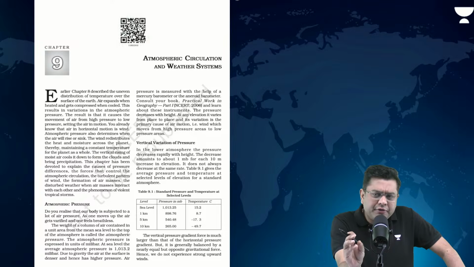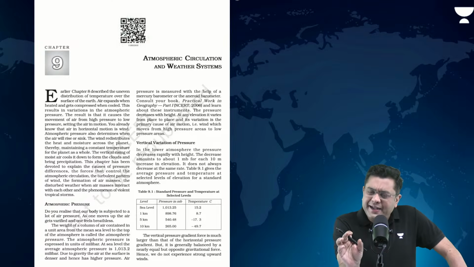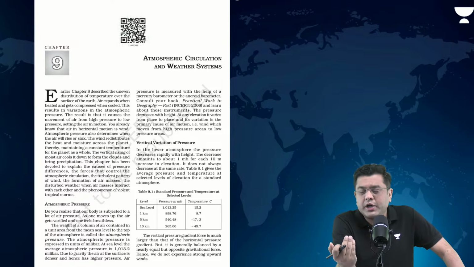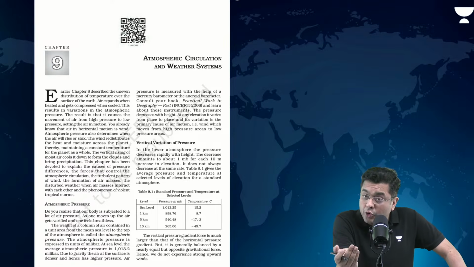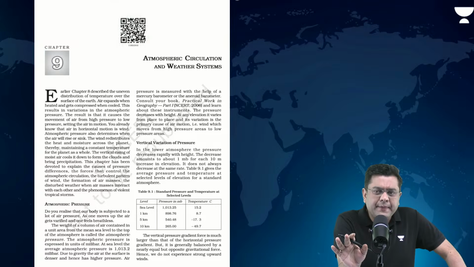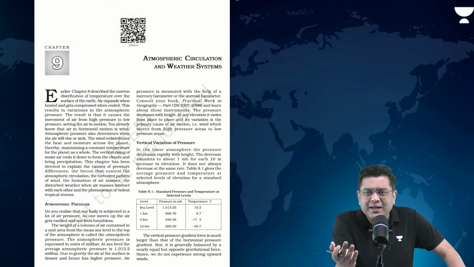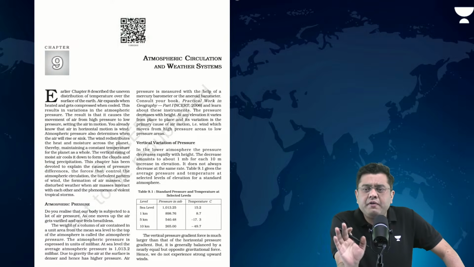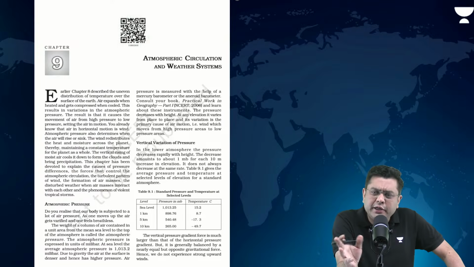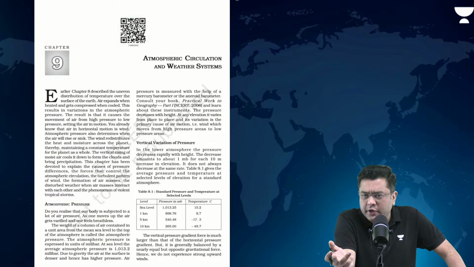So for the first few minutes, let me elaborate on the concept of high pressure and low pressure, and why that is created. Then we will understand the different types of pressure created, and the factors influencing wind movement once again. After that, we will move to the tricellular and the unicellular model of atmospheric circulation.